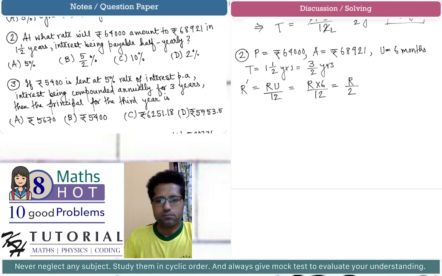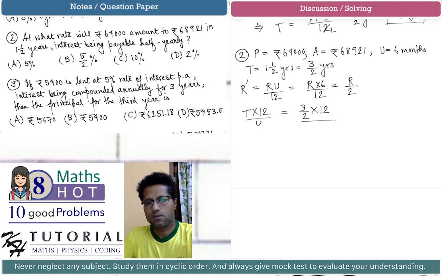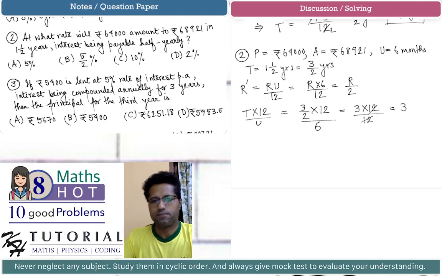And we need the small n, as we know. We need small n and the fraction A by B, which we will have from T multiplied by 12 divided by U, where T is in years and U is in months. So T is 3 by 2. This multiplied by 12 divided by U, which is 6, is equal to 3 multiplied by 12 divided by 12, which is equal to 3.